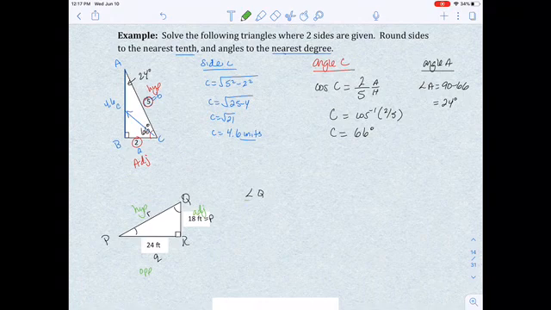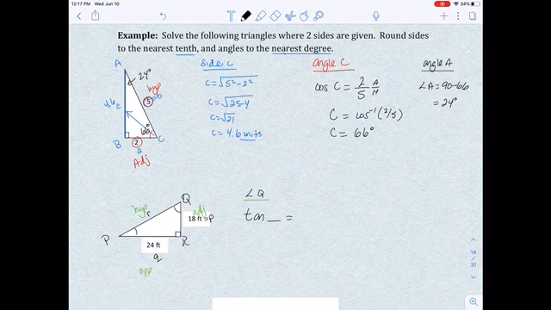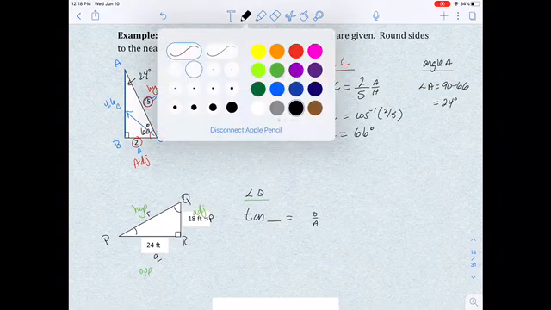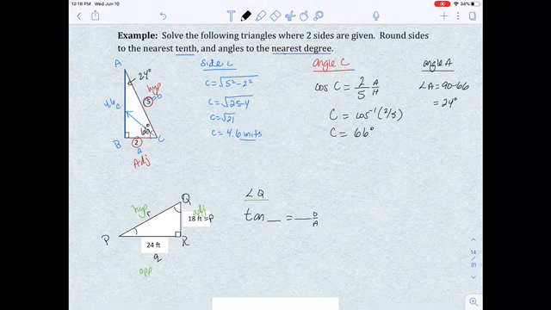So if I want to find angle Q, I'm going to set up the tan ratio, and I would say the tan of my angle is the opposite over the adjacent. So what do I put in the first blank? The very first blank is the angle. So we're finding angle Q. Okay, so tan of Q is my opposite over the adjacent, 24 over 18.